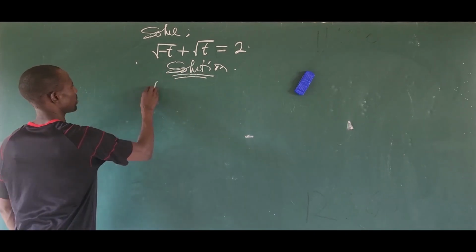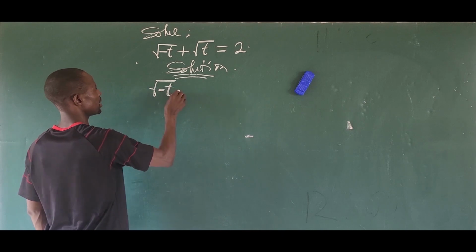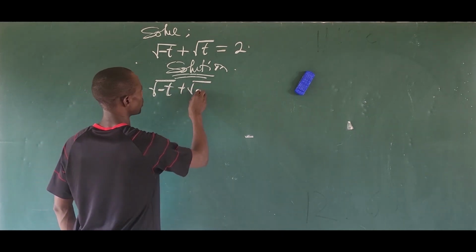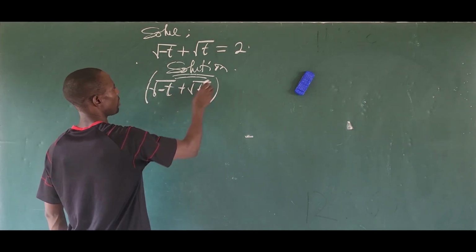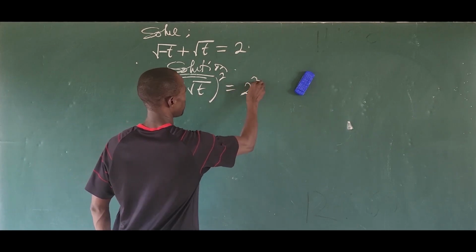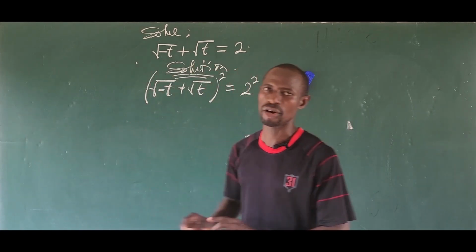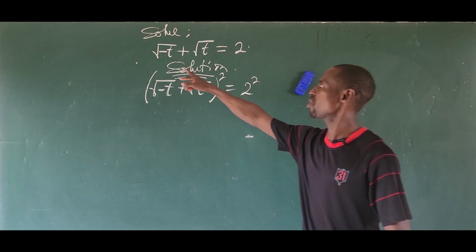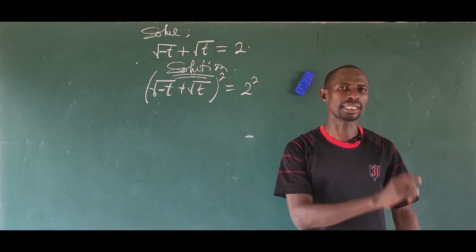So this is going to give us the square root of minus t, plus the square root of t, all raised to the power of 2, equals 2 to the power of 2. Why are we taking the square of both sides? Because we have a square root radical here and a square root radical here.